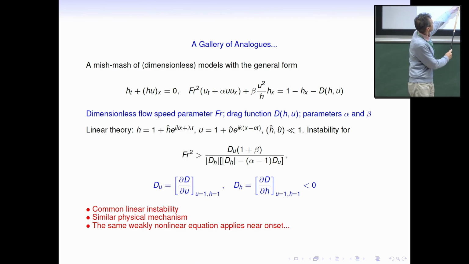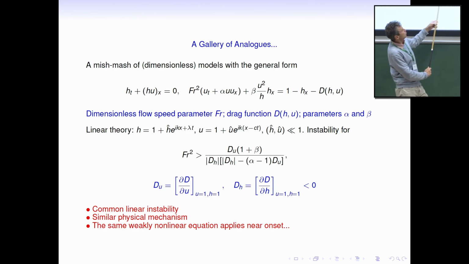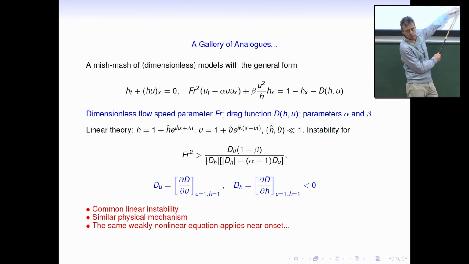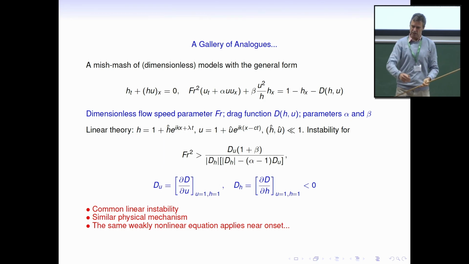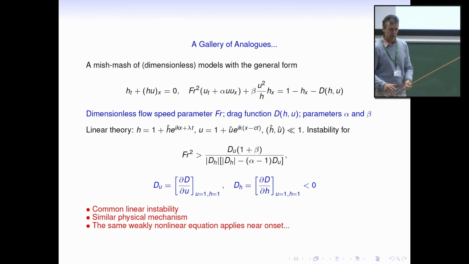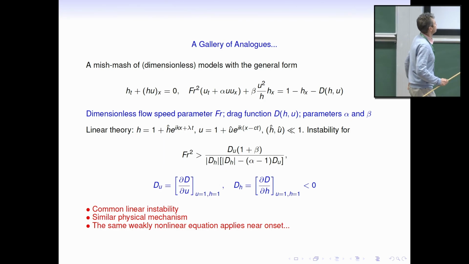Right. This is the mass equation, the momentum equation. This is now in some dimensionless form where I've identified something like a Froude number. Right. There's sort of mixed up advection of momentum. There's the gravity terms, and there's some drag term. Right. That's the sort of the basic structure of the St. Venant model and that laminar version of it.